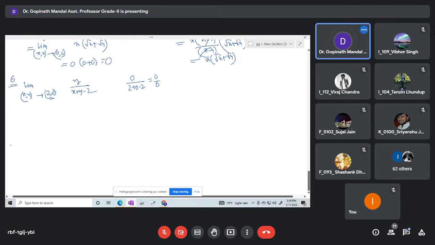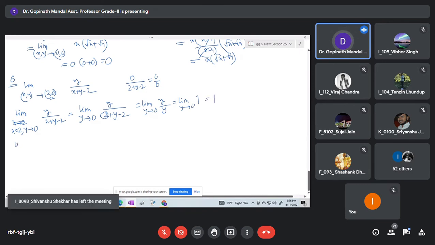In that case, we first find f1 and f2. So first x equal to 2 and y tends to 0. That means limit y tends to 0, y over 2 plus y minus 2, putting the value of x equal to 2. So this will be limit y tends to 0, y by y, that is 1, so the limit is 1.